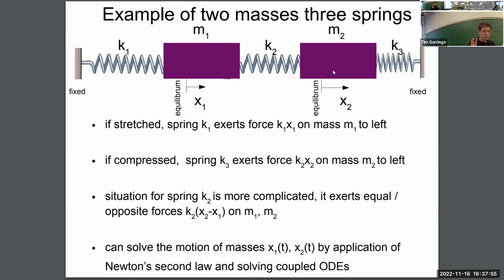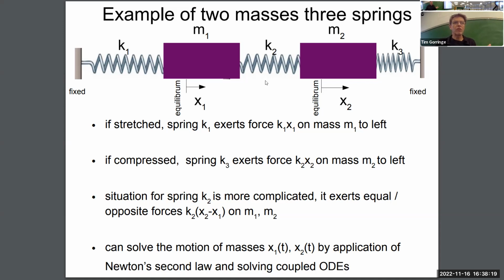So those two situations are kind of simple because the spring on the left and the spring on the right are just exerting a force on the mass on the left and the mass on the right. A little bit more complicated is the spring in the center here.